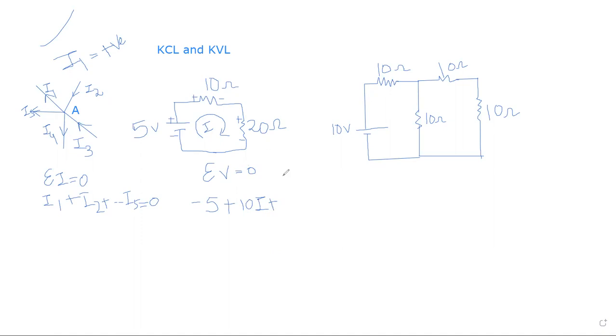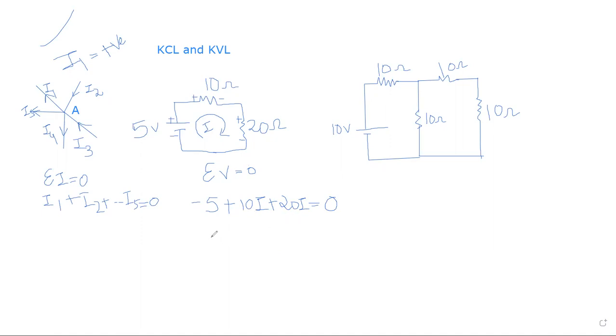So this second one is 20, 20 again I, is equal to 0, since all the voltage drops in the loop are equal to 0. So I have written this expression.